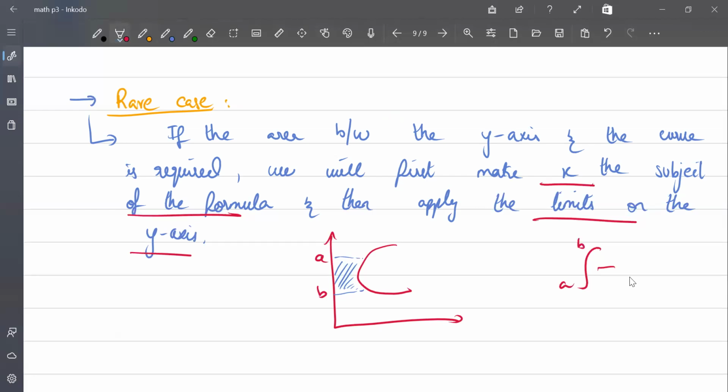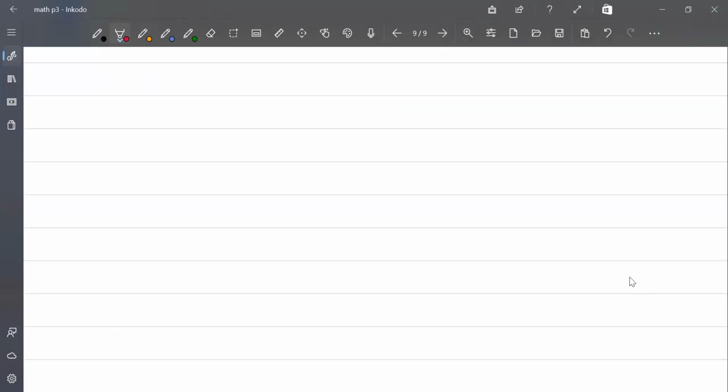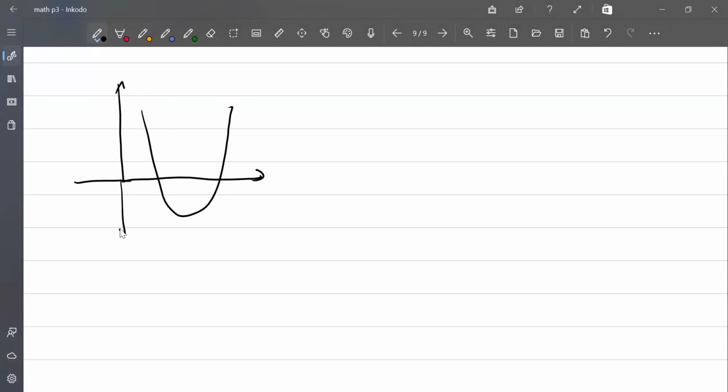Now, coming back to our earlier discussion of area under the graph in normal condition. All right, let's do a couple more cases. Let's say this is what we have. This is function f(x). This is a, this is b, and this is the area required.